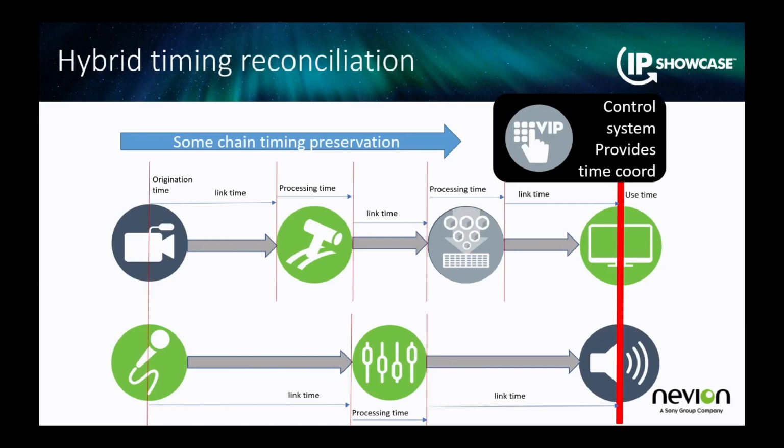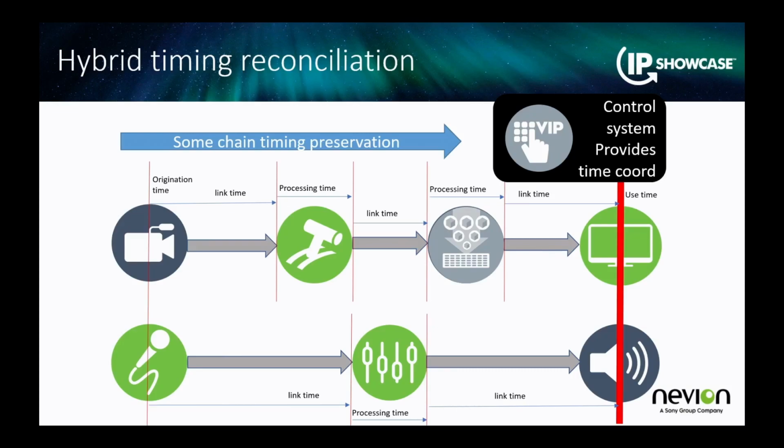We're trying to work out an ecosystem that has timing information that allows for timing preservation, which is going to happen hopefully more and more in a 2110 chain, as I talked about earlier, but has a control system that is able to ask, query and determine the processing time of both linear and non-linear processing elements in a chain, along with the link time, the propagation of the data between those functions.